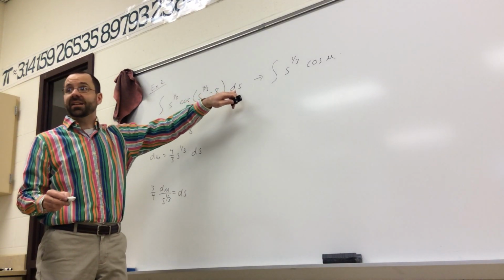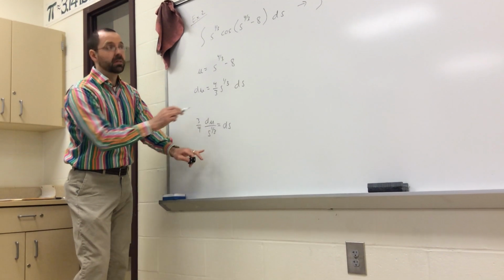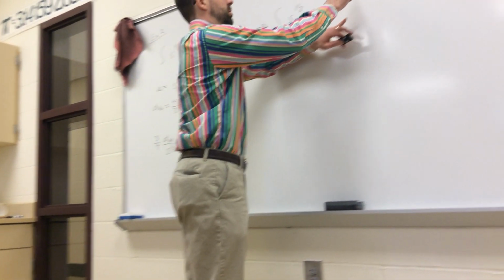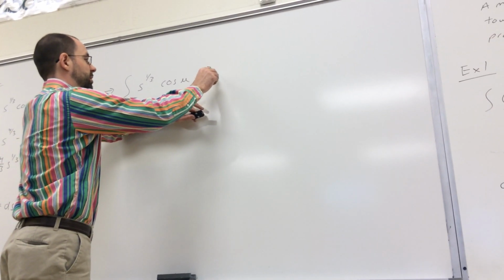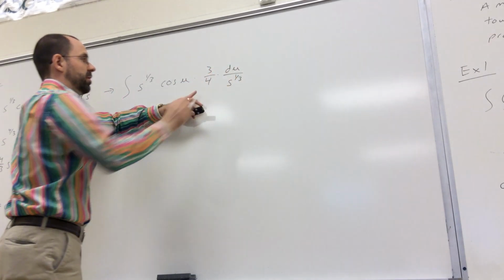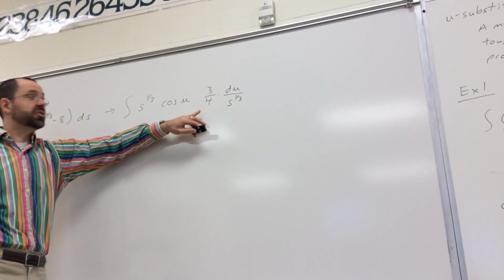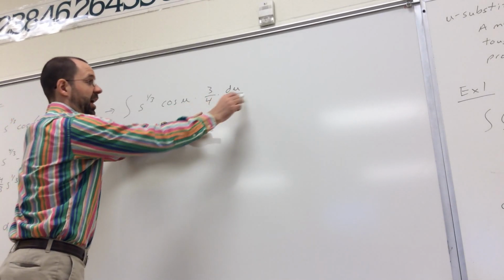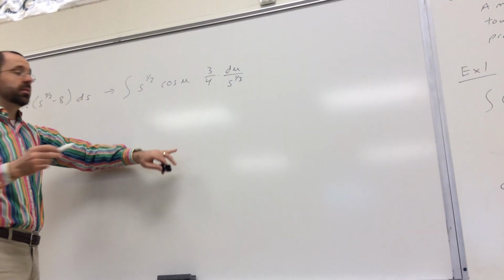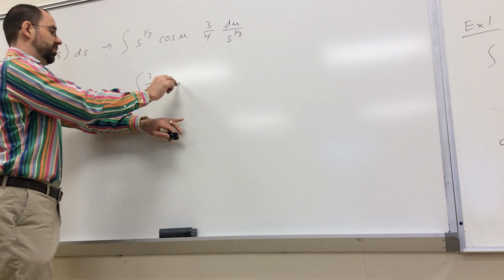I still have to write ds down, right? But this whole mess is ds. So 3/4 times du over s to the 1/3. And then that's good news, right? Because that and that are going to cross out. So I've got the antiderivative of 3/4 cosine of u.